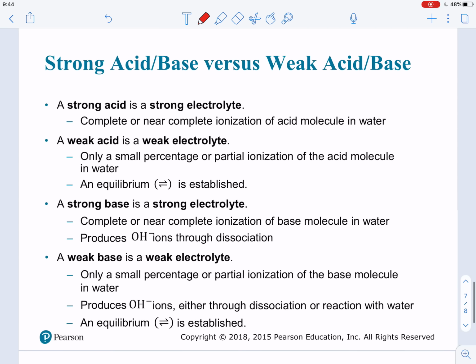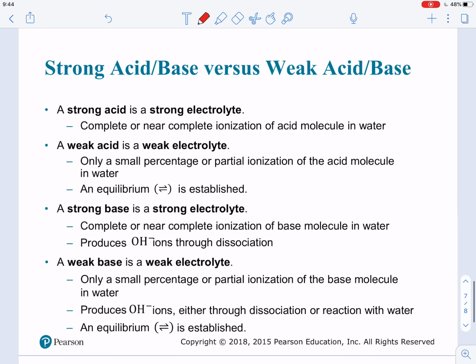Now remember, sometimes, particularly for equilibrium reactions, let's talk about a generic acid. Technically, it's more correct to say HA plus H2O goes to H3O plus A minus.